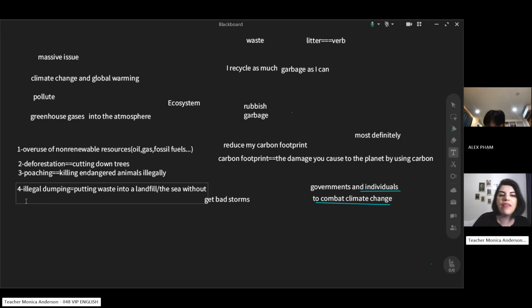And every day we hear a lot of news regarding this illegal dumping. They put all the waste into the ocean, and they cause many sea creatures to die.